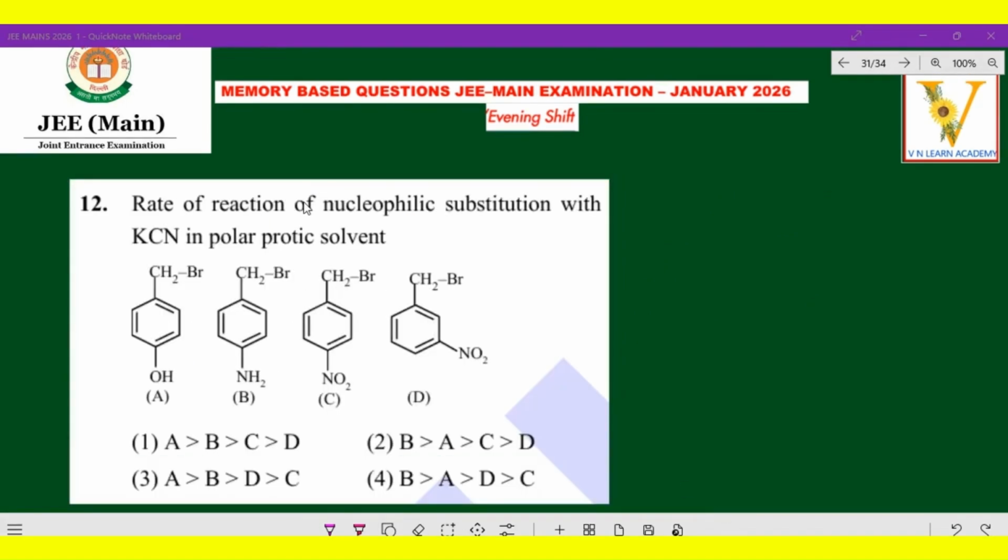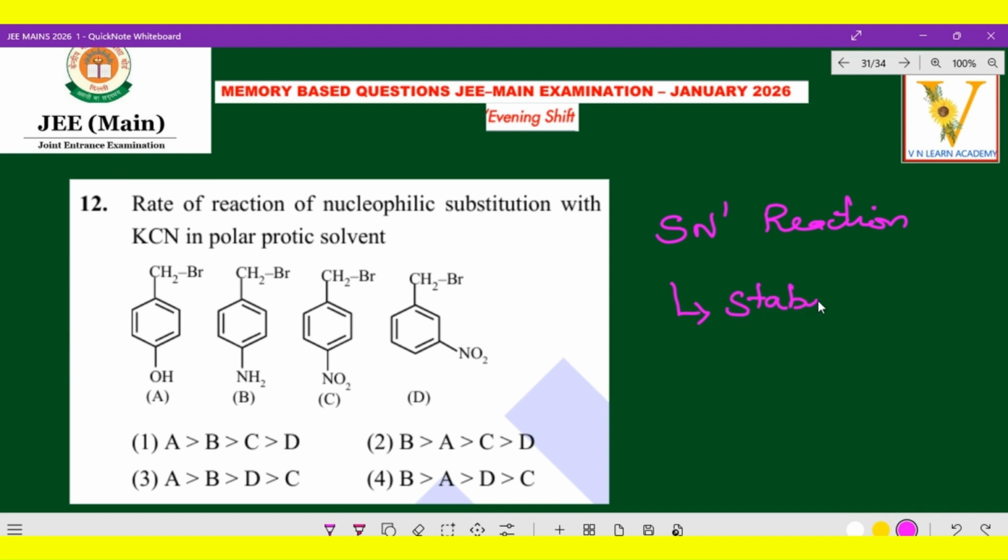The next question: rate of reaction of nucleophilic substitution reaction with KCN in polar protic solvent. Nucleophilic substitution reaction in polar protic solvent with KCN strongly favors SN1 reaction. SN1 reaction is determined by stability of carbocation.